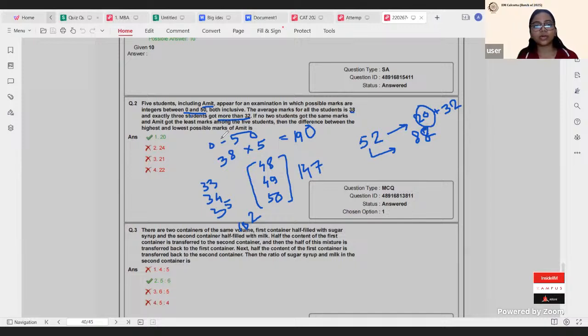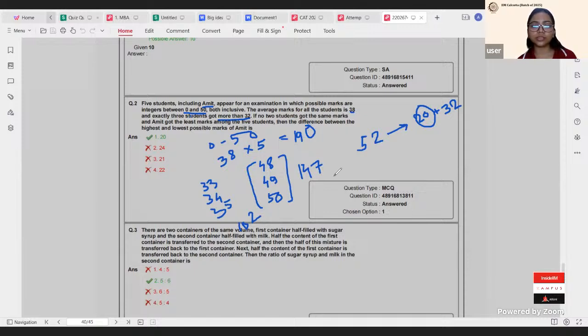So for Amit to have the highest possible marks, it will come around to be somewhere around... So assigning the other three candidates to be 33, 34, 35, which are the minimum possible marks, comes out to be 102.